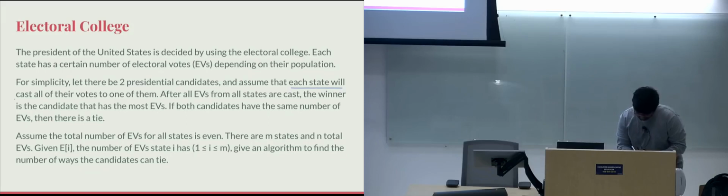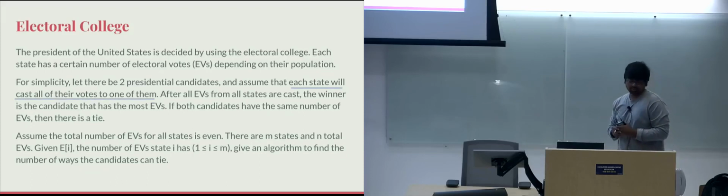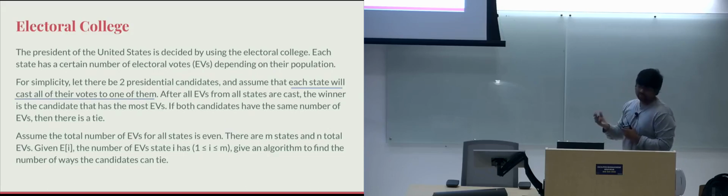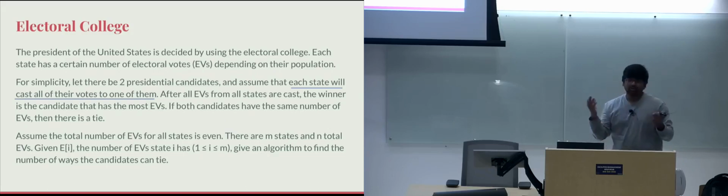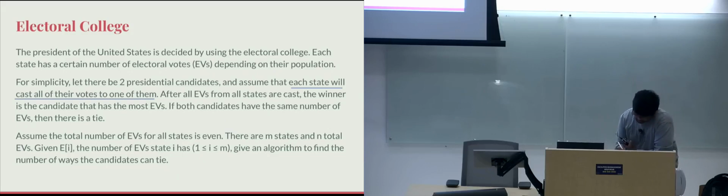Each state will cast all their votes to one of them, and after all the votes are cast, the winner is the candidate that has the most EVs. So the one with the most votes wins. If the candidates have the same number of votes, then there is a tie.